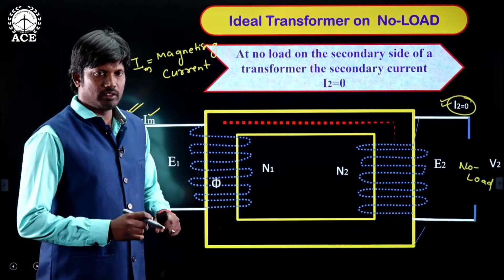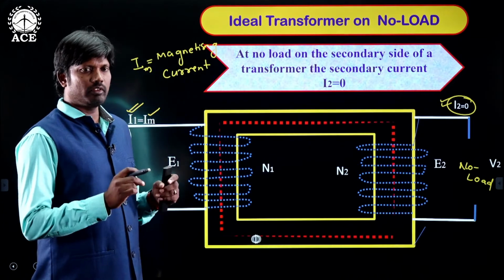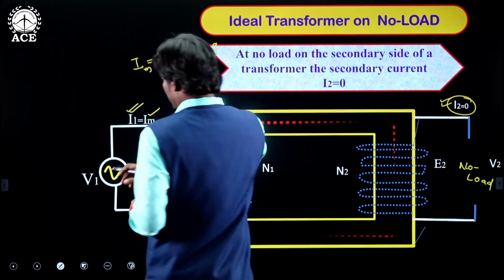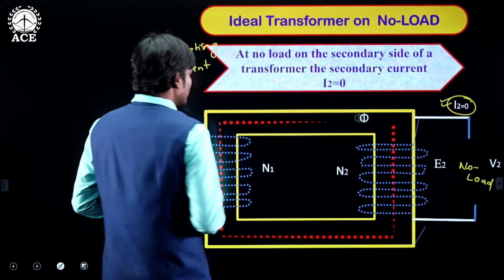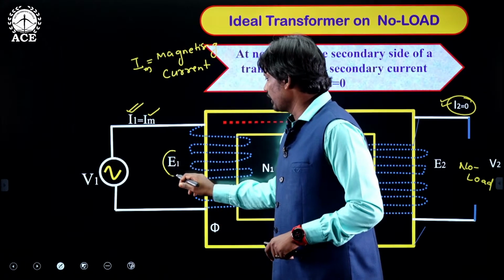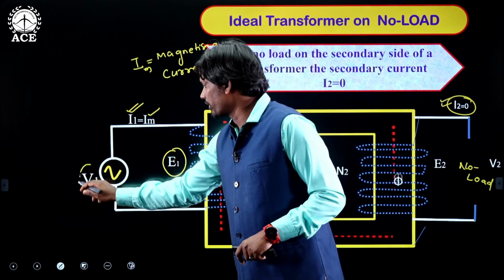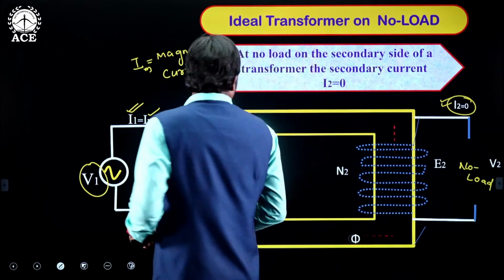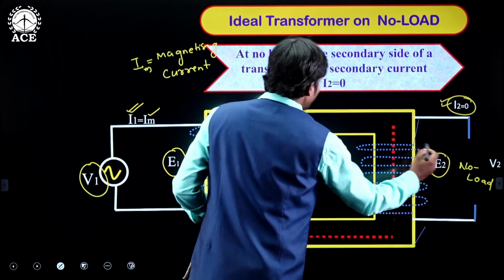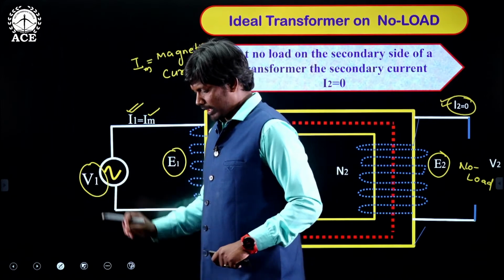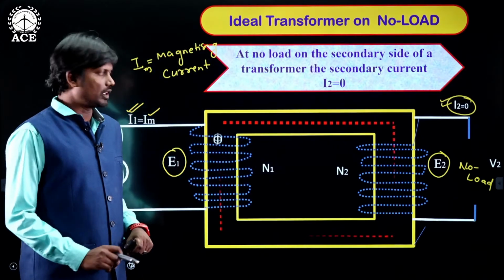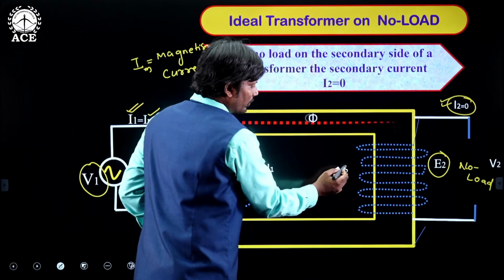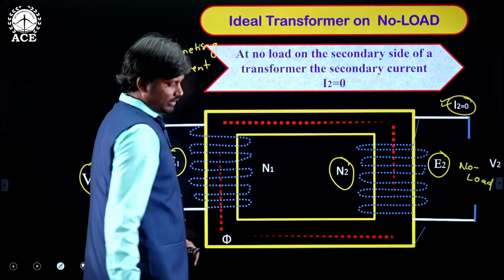According to Lenz's law, the induced EMF always opposes the cause of producing it, which is nothing but V1. Therefore, this E1 is antiphase with V1 with equal magnitude. Similarly, this E2 is antiphase with V1, but its magnitude is not equal to the magnitude of V1. Its magnitude depends upon the secondary number of turns.